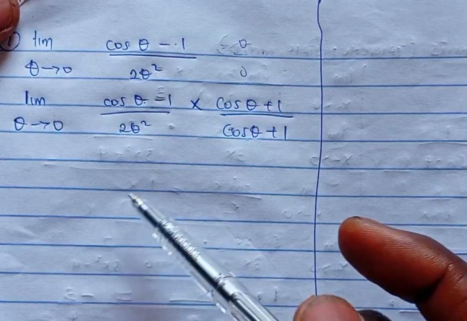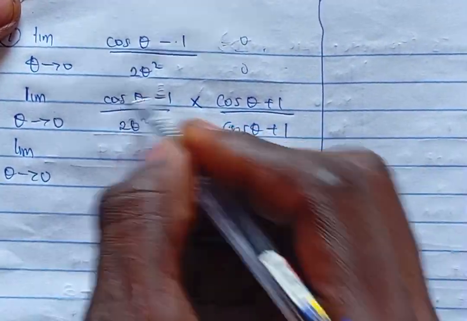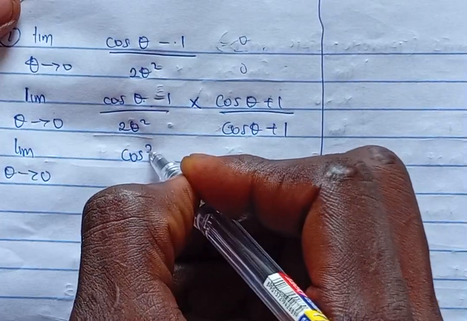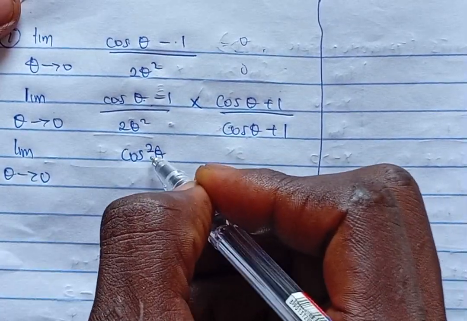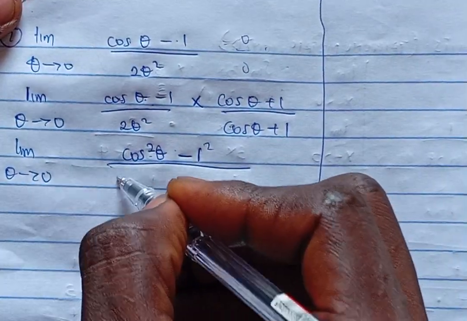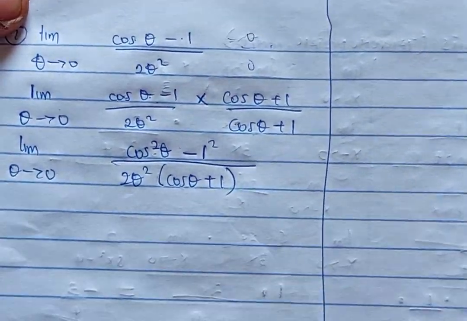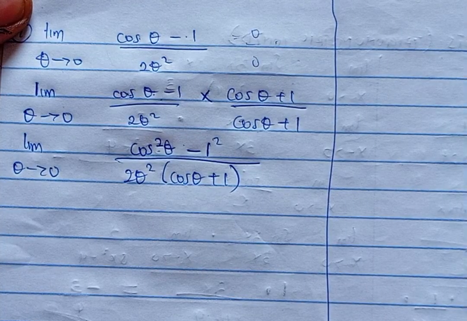Now the limit as theta tends to 0 of cos squared theta minus 1, difference of two squares, over 2 theta squared into cos theta plus 1. Do you get what I'm saying?